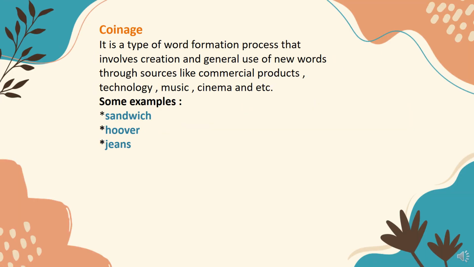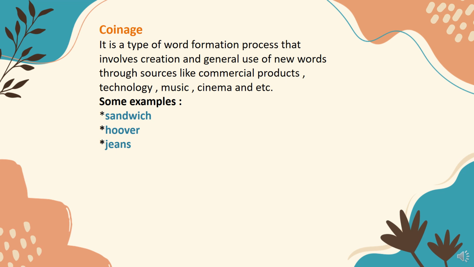Coinage is a type of word formation process that involves creation and general use of new words through sources like commercial products, technology, music, cinema, and ethnic sources. In this type, we normalize a word for all the categories under it, or all the people agree that this is the word we will use for all of the category type.